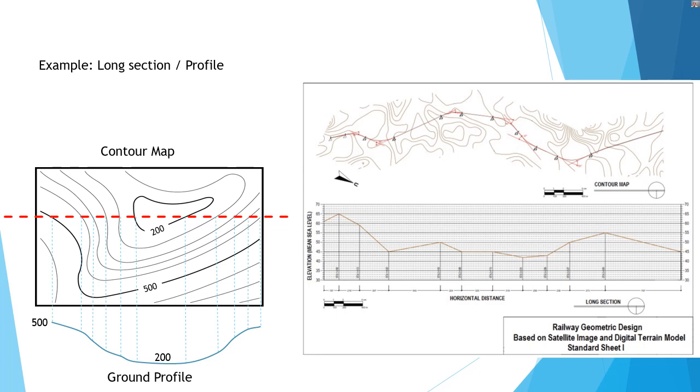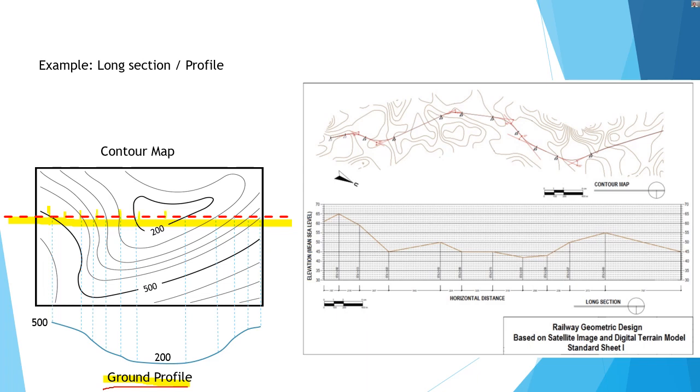Other example over here. So we have long section survey over here. So we can call profile as well. So you need to have a road, go from where to where, and then you can then determine the elevation of different points here on the road.